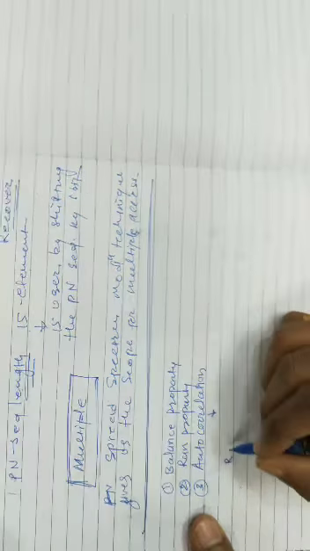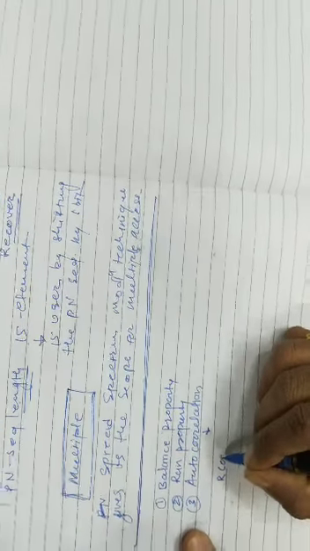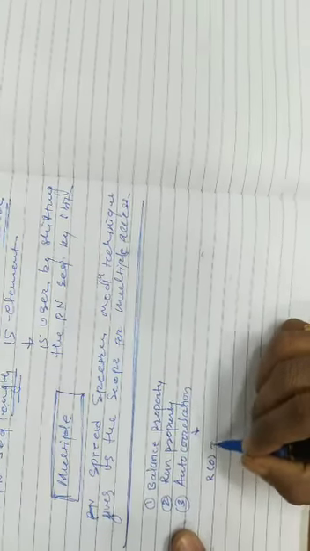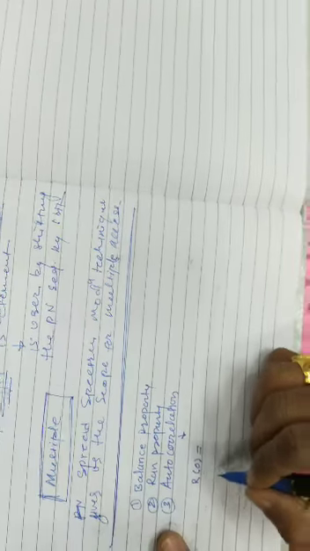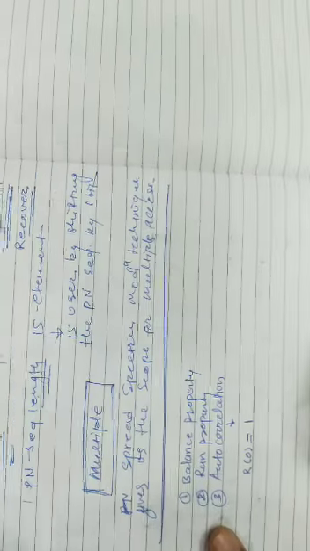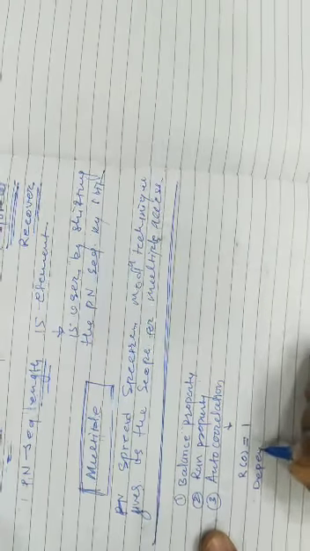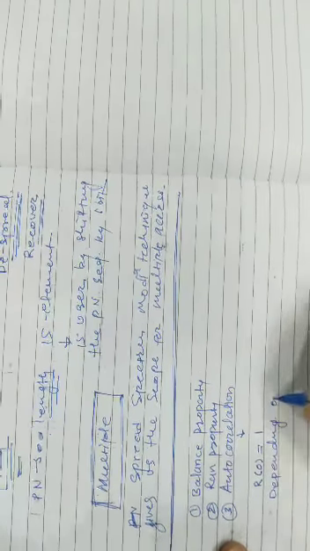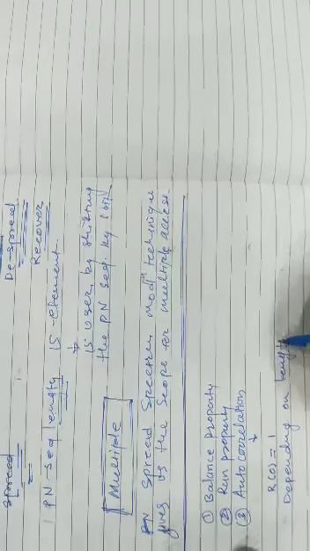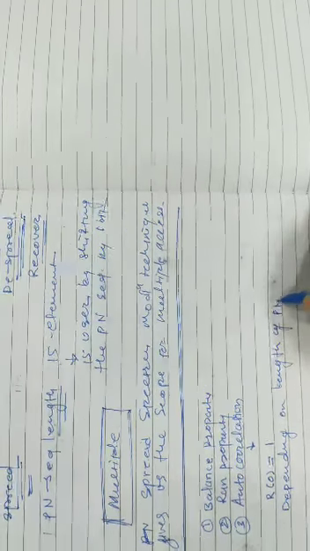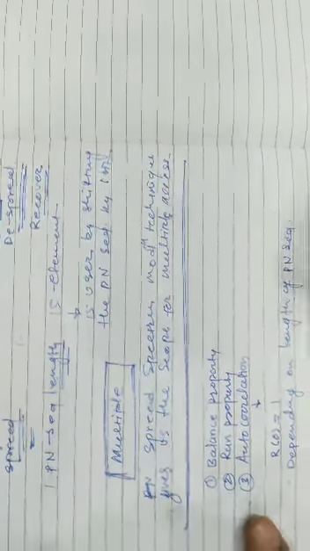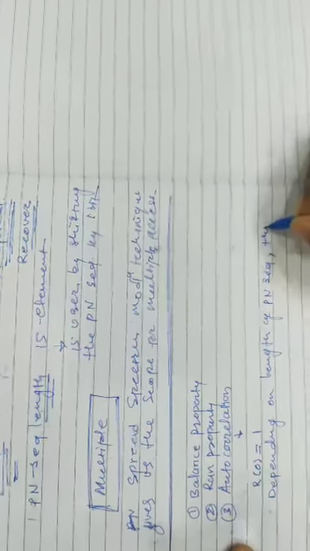we came to know that the value of R of 0, that is the value of autocorrelation at D equal to 0, is always 1, and depending on the length of the PN sequence, this value gets repeated.